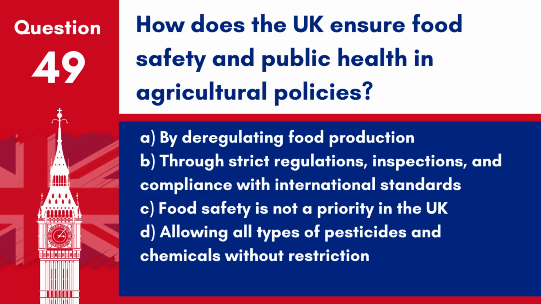How does the UK ensure food safety and public health in agricultural policies? A. By deregulating food production. B. Through strict regulations, inspections, and compliance with international standards. C. Food safety is not a priority in the UK. D. Allowing all types of pesticides and chemicals without restriction.